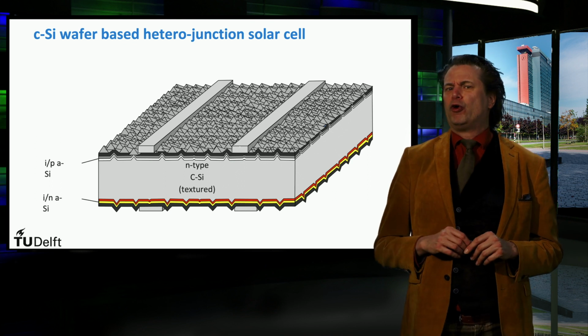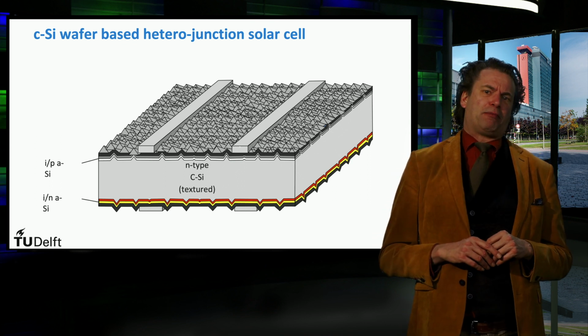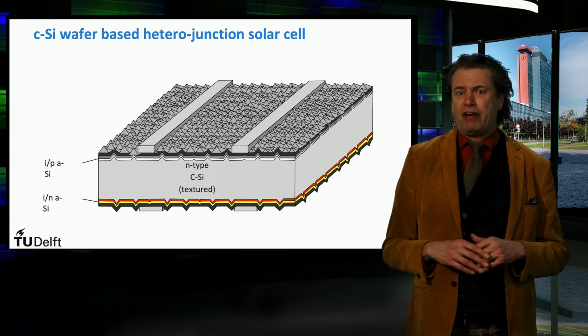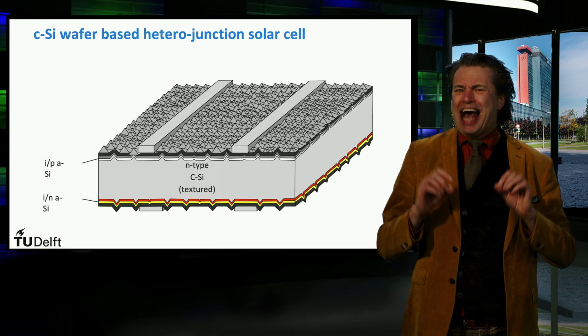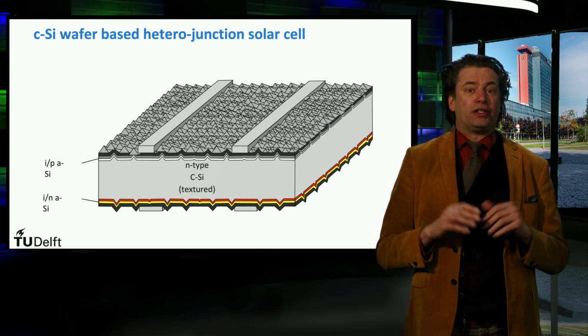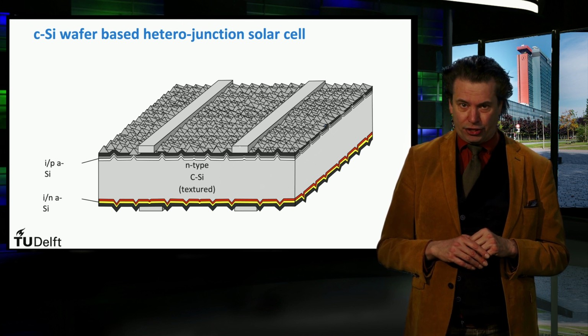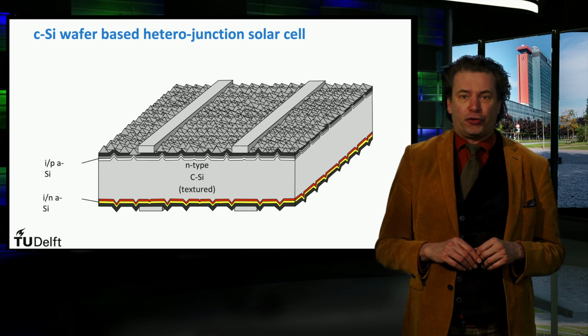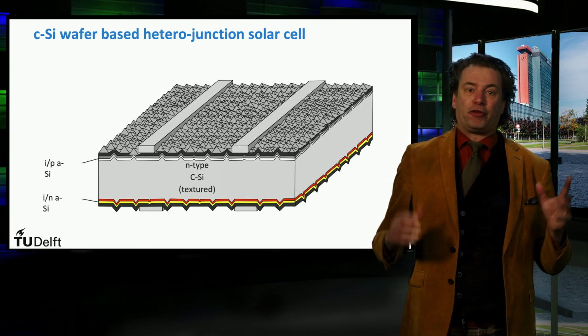In this approach, the highest possible lifetimes for charge carriers are accomplished. The crystalline silicon wafer-based heterojunction solar cell has the highest achieved open circuit voltages among the crystalline silicon technologies. Panasonic and Kaneka achieved an open circuit voltage of over 750 millivolts.